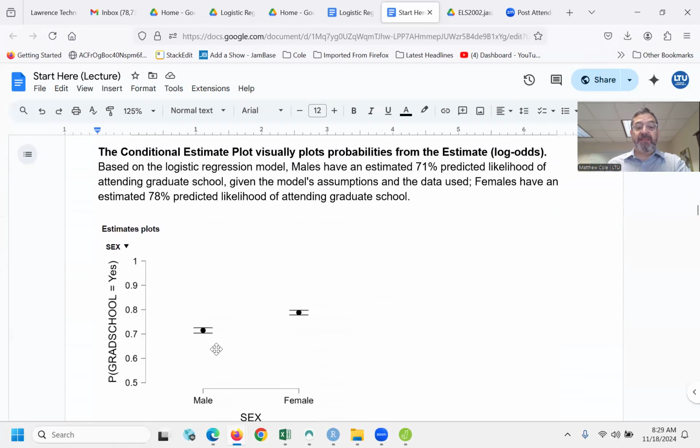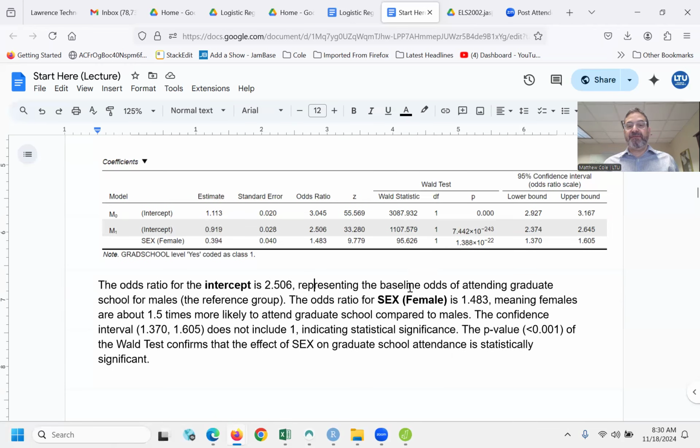All right, let's talk about the plot. This is what we call a conditional estimate plot. That's why it's called an estimates plot. It's visually plotting the probabilities from the estimate. So what it's doing for us without us having to do the equation, although you could run this in ChatGPT if you want, is taking this logistic regression coefficient, which is called an estimate, and it's really what is called a log odds value, or they call it a logit.